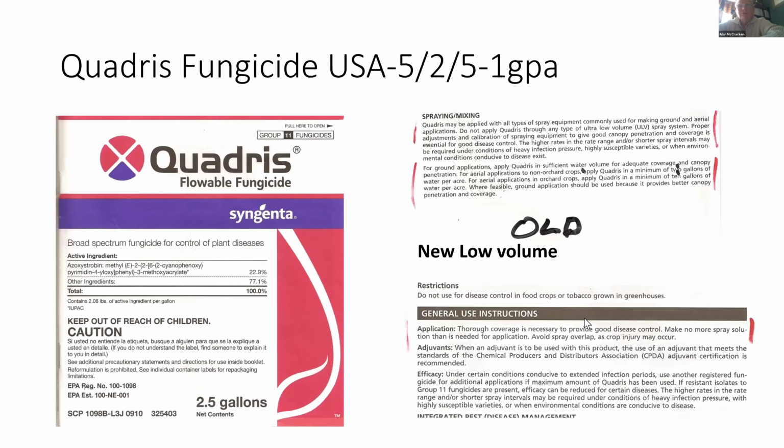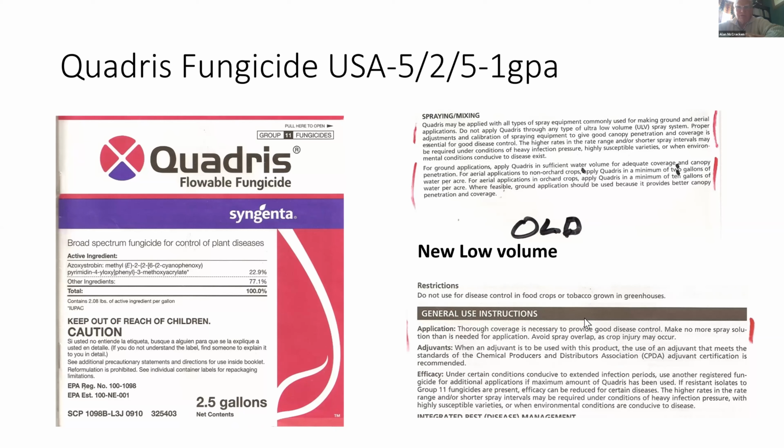Here's a fungicide. I did a lot of work for this company. The label was 5 gallons, and then they hired me to check what would happen if the label was changed to 2 gallons. So I conducted tests all the way from Louisiana right up to the border with Canada, and was able to prove absolutely that 2 gallons gave better disease control than 5 gallons.